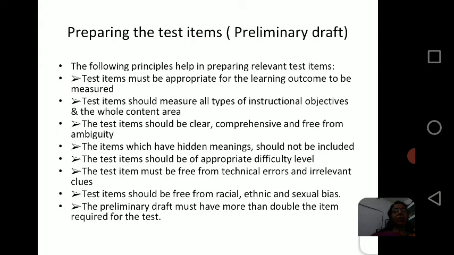The test items must be free from technical errors and irrelevant clues. Test items should be free from racial, ethnic, and sexual bias. It should not be biased. The preliminary draft must have more than double the items required for the test, that I have mentioned earlier.